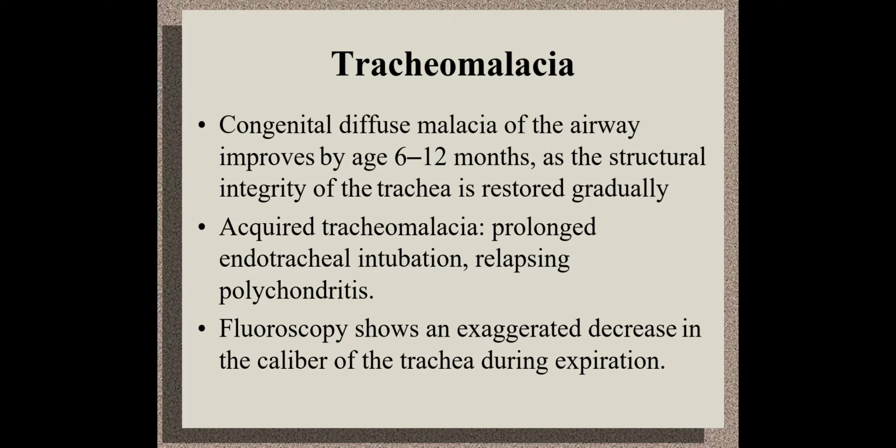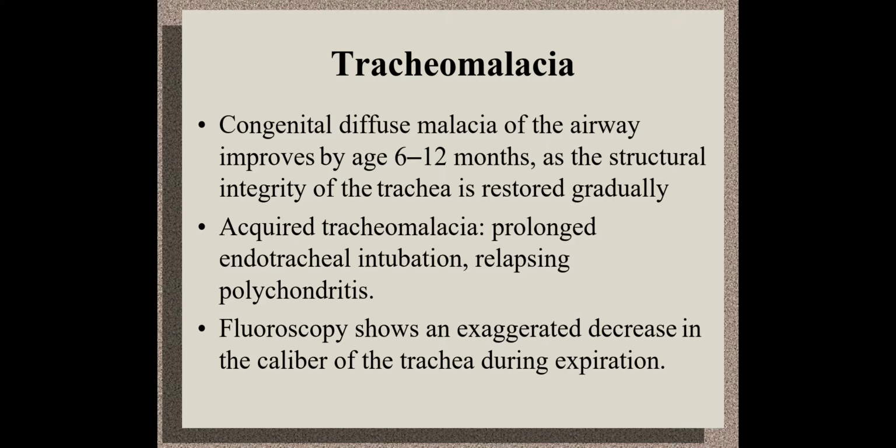Congenital diffuse malacia of the airway improves by age of 6 to 12 months as the structural integrity of the trachea is restored gradually. Acquired tracheomalacia: prolonged endotracheal intubation, relapsing polychondritis.